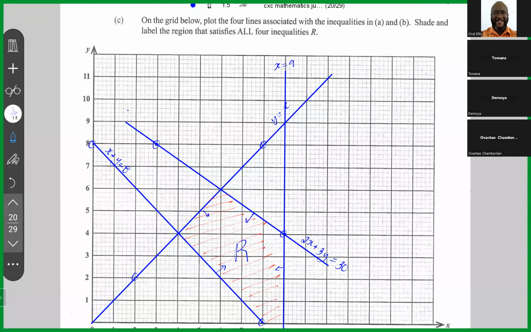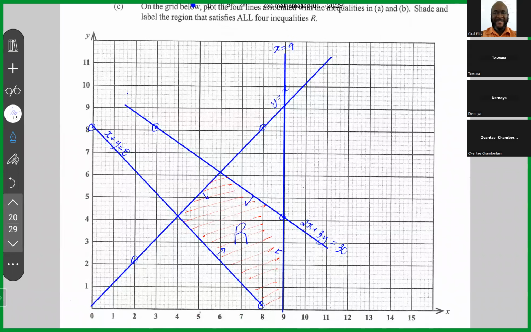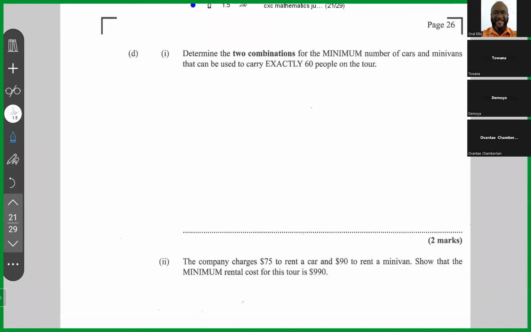All right, so let's answer the questions now associated with this diagram. We're asked to determine the two combinations for the maximum number of cars and minivans that can be used to carry exactly 60 people on the tour.